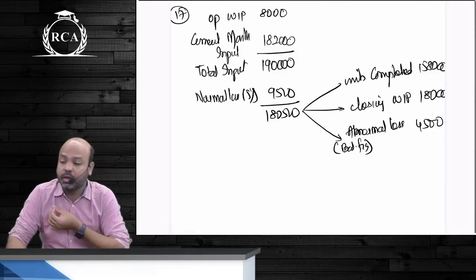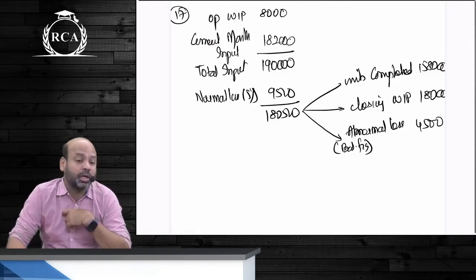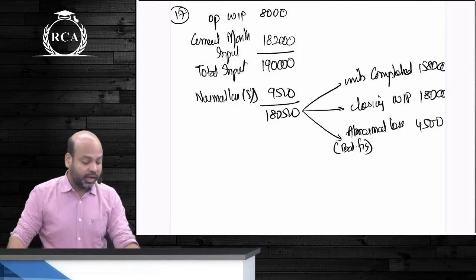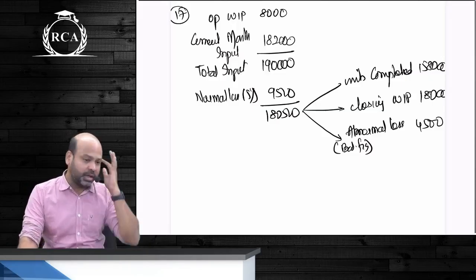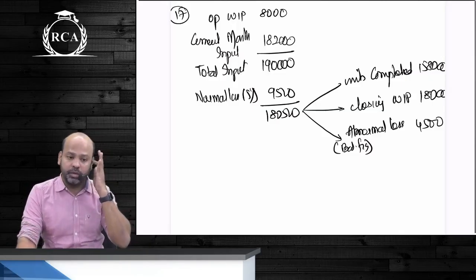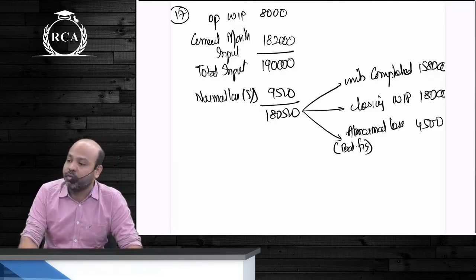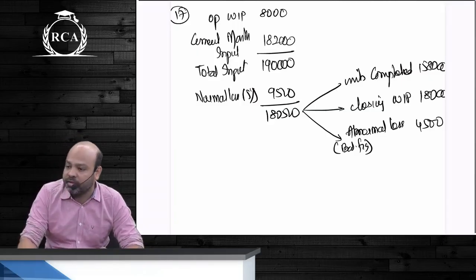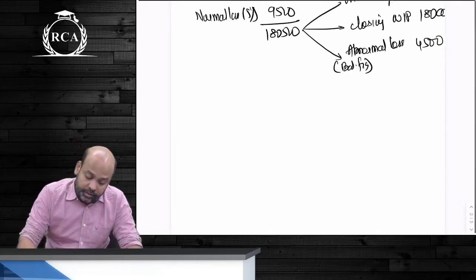In order to compute cost per unit, I should know exactly how much is material component, and how much is labor and overheads component out of that 75,000. They only said opening work in progress is valued at 75,000. Out of that 75,000, something should be material, something should be labor and overheads. That bifurcation is not given. If the bifurcation is not given, beta, there is no way that you can compute weighted average cost per unit. For weighted average cost, that bifurcation is compulsory. Is it understood or not?